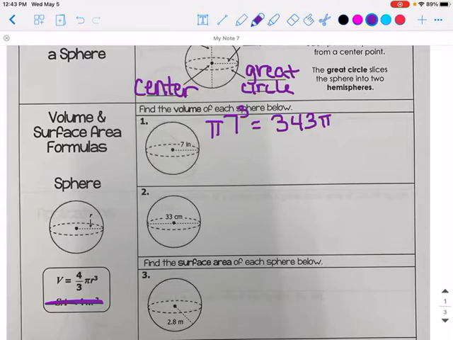Times that by pi. Next thing, times by 4.